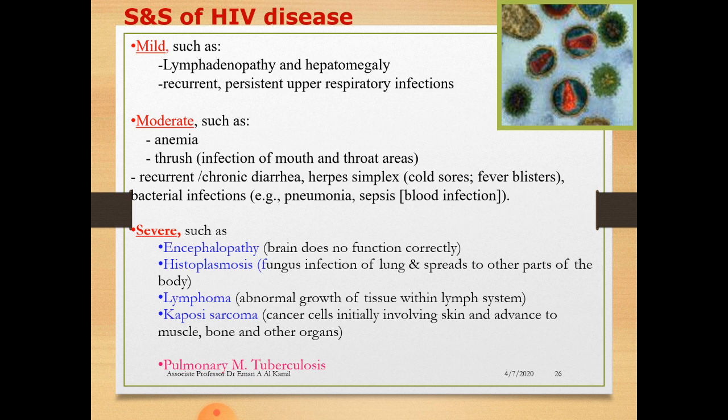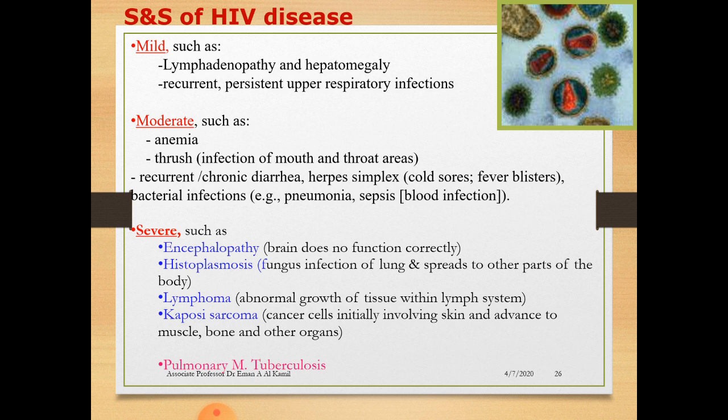So HIV is one of the viruses which cause cancer, or is regarded as a causative factor for cancer. Kaposi sarcoma is a sarcoma of the skin which may penetrate into the muscles, bones or other organs.